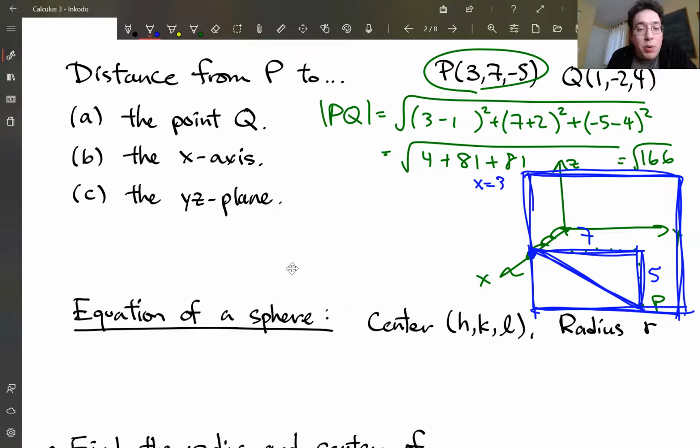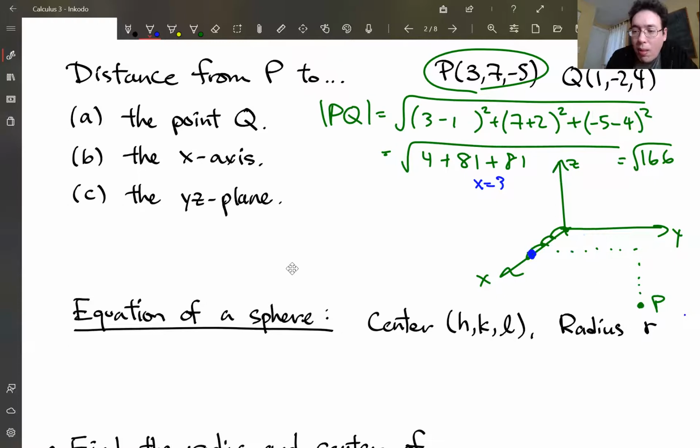And then to compute the distance from the YZ plane, so in this picture, let's see. Notice that when you were traveling 7 units to the right and 5 units downward, you were traveling parallel to the YZ plane.